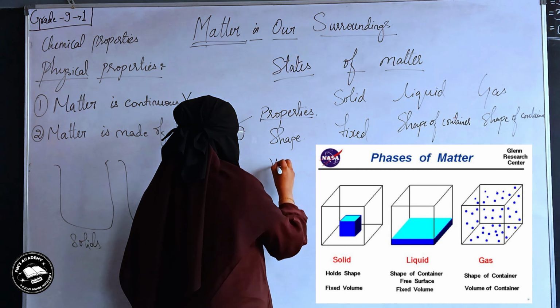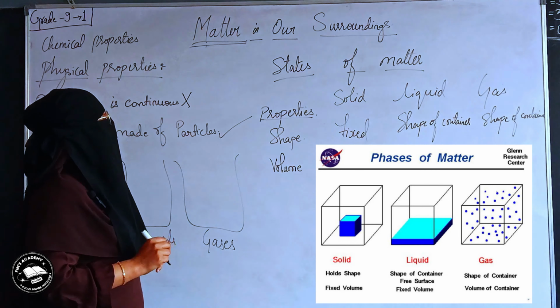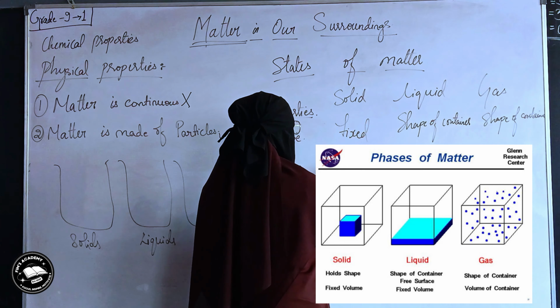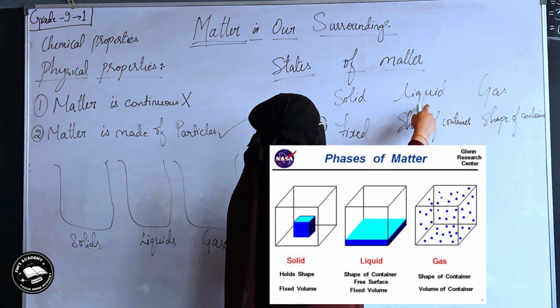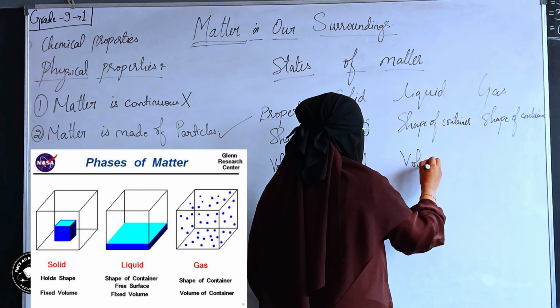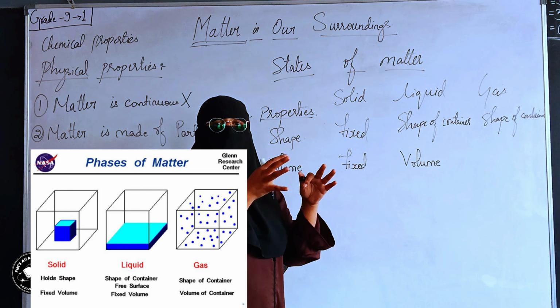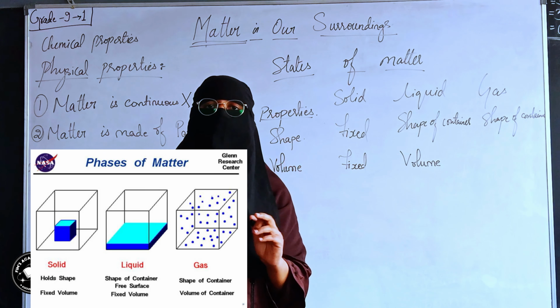Talking about the volume. When I talk about volume, solids will have a fixed volume, and liquids will also have a fixed volume. For this much of solid, if I want to put it in some box, this big the box should be, or this small the bag should be.